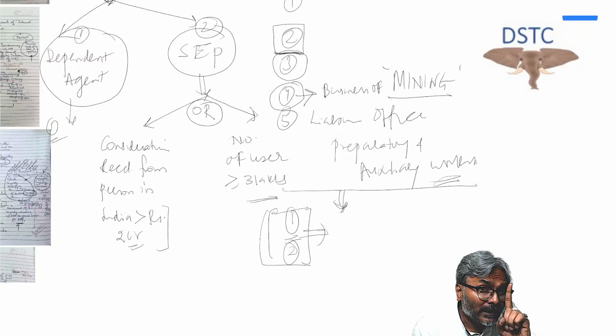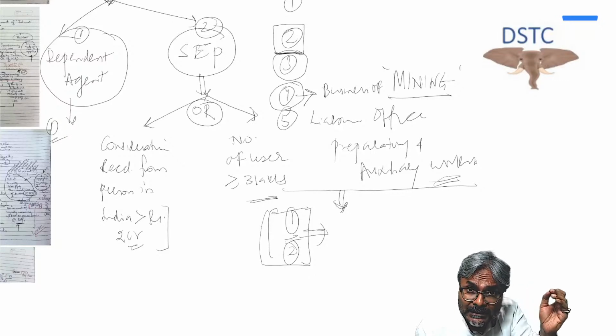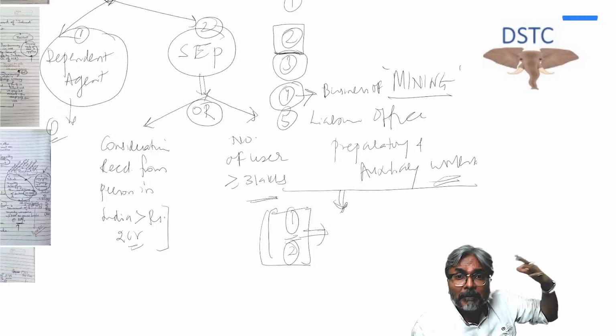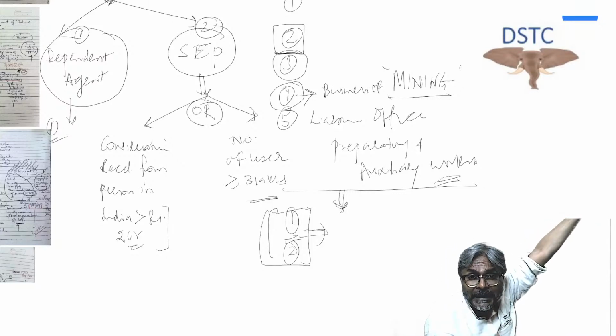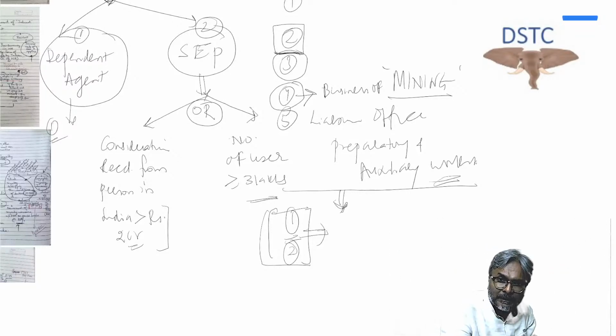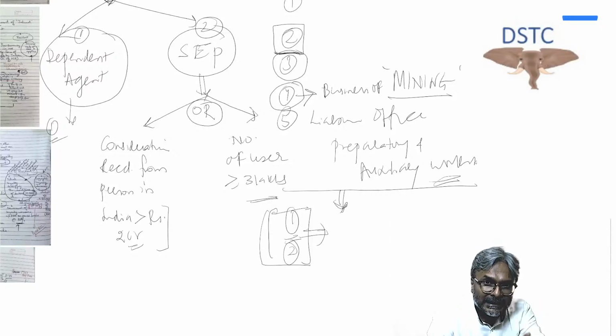Is he playing what? A principal role. That is what you have to be concerned with. Is that agent, who is acting mainly or wholly on behalf of the non-resident, playing a principal role which leads to the conclusion of the contract?